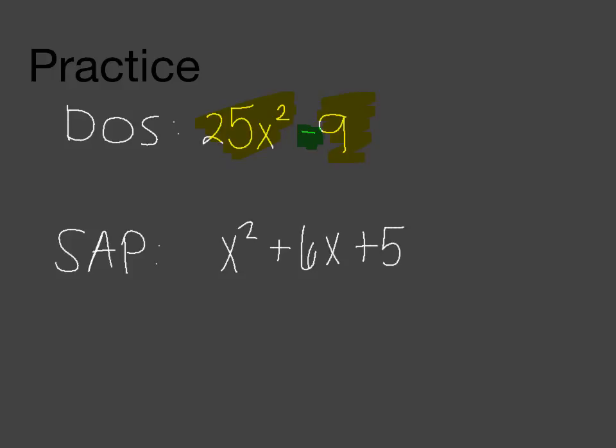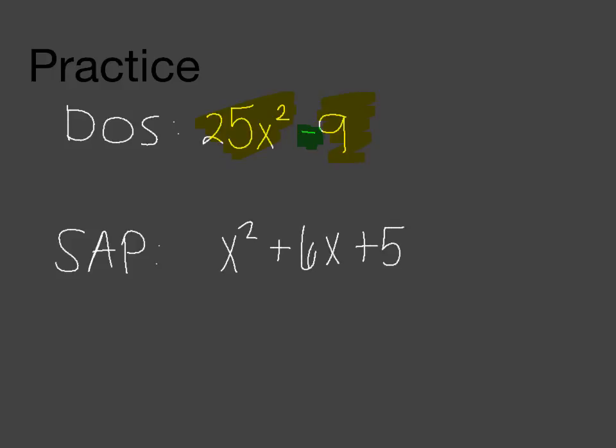There's 3 terms, and my signs can be whatever. It could be a plus, a minus, anything like that. For those of you that weren't here, I will go ahead and do this sum and product problem, and if you have questions, you need to ask someone that was here.